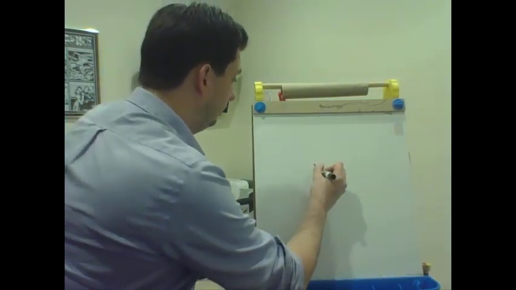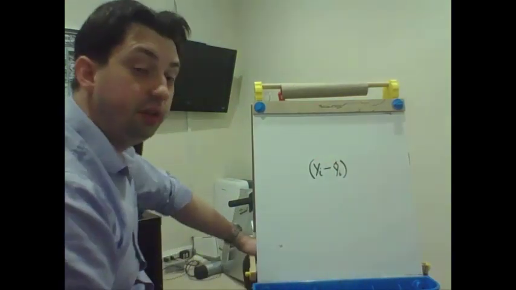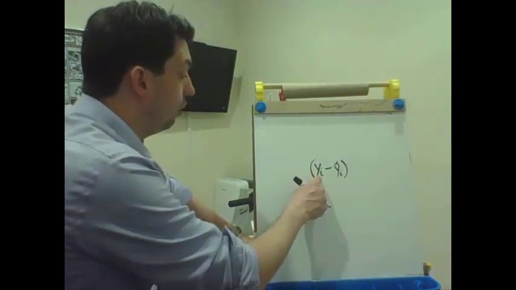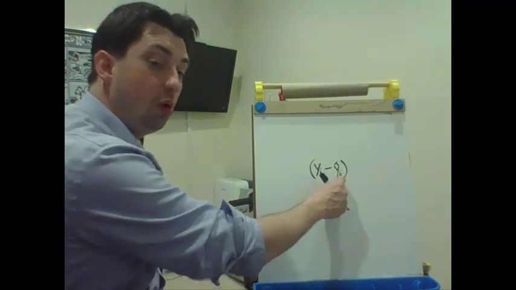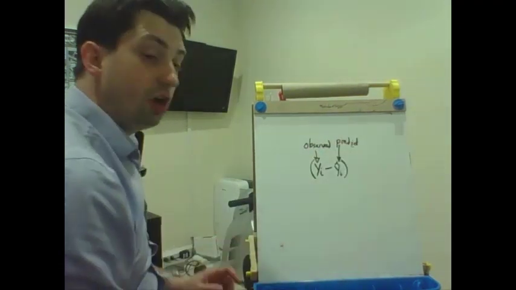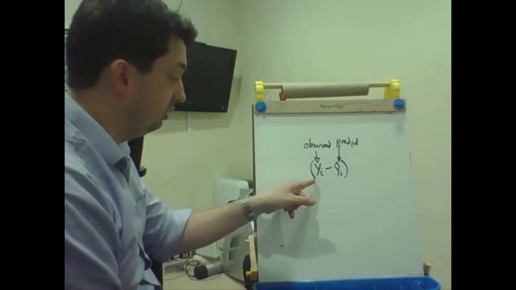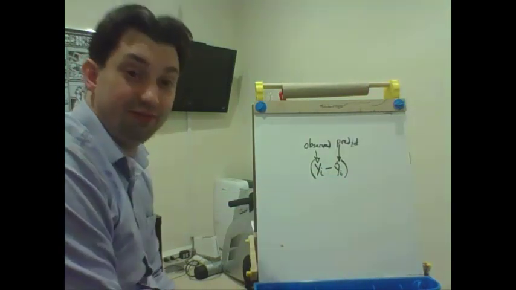Mathematically, a residual is the difference between what we observe and what we predict. Each observation has an observed value, but it also has a predicted value.